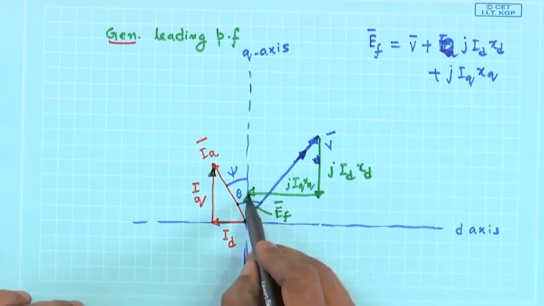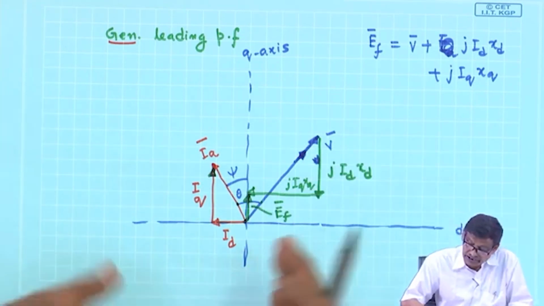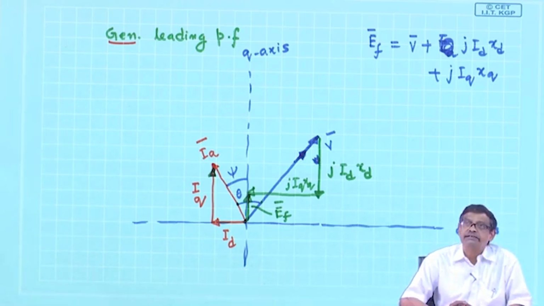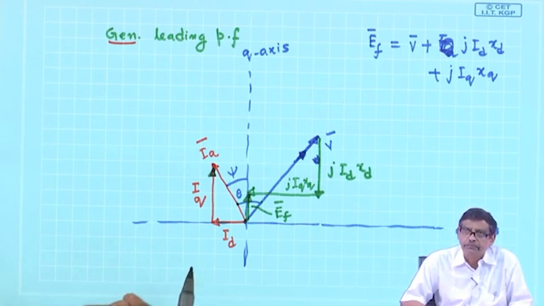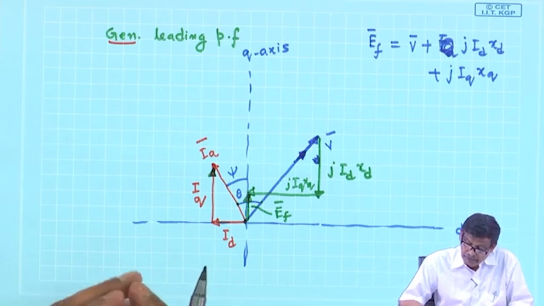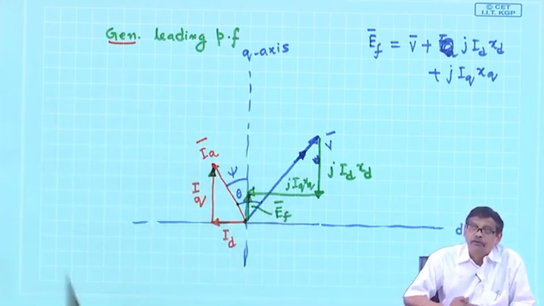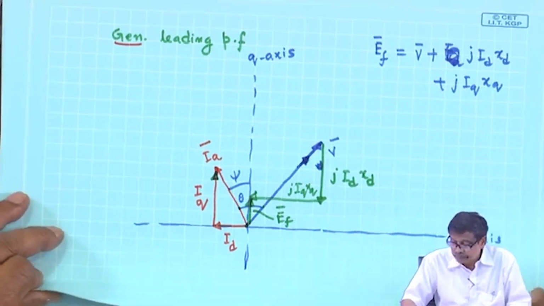Note that the length of EF is much smaller compared to the length of V. So, it is under excited. So, an under excited synchronous generator, no matter whether it is salient pole or non-salient pole, will be operating at leading power factor.